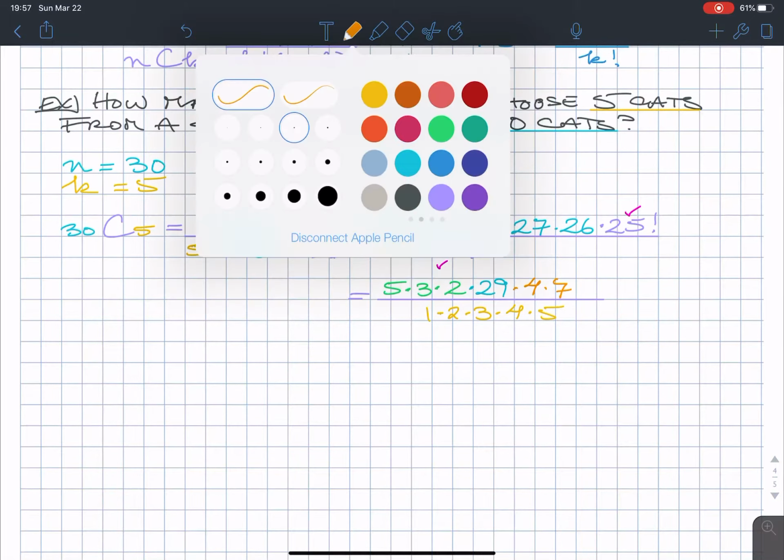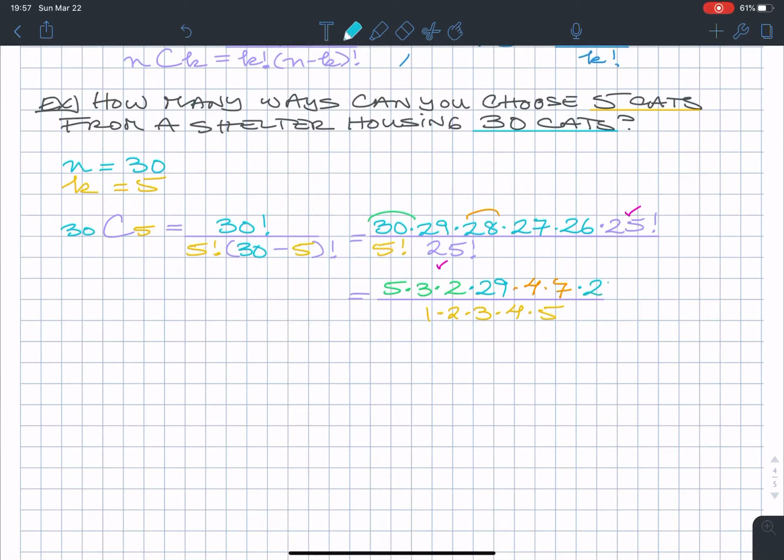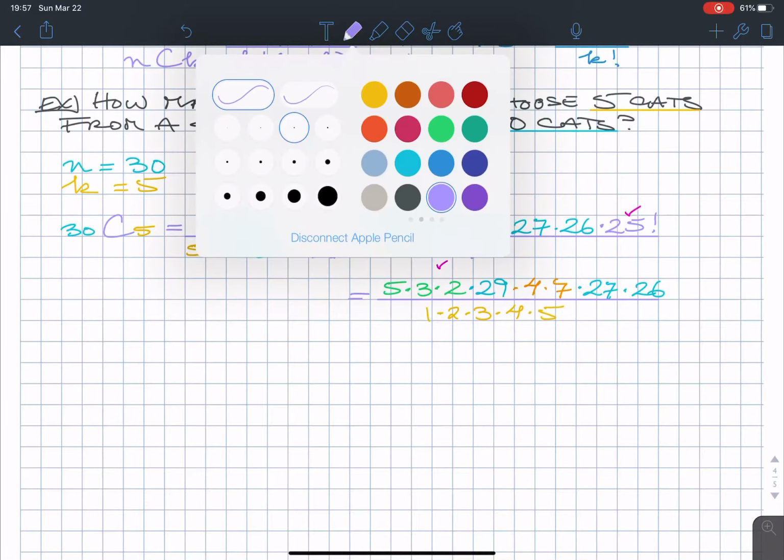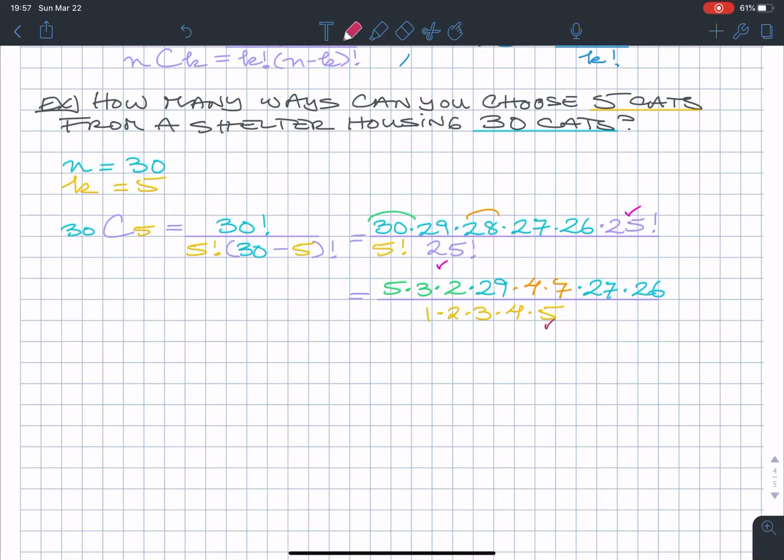And then I have 27 and 26. So let's see what I can reduce here. Okay, so it looks like 5 reduces with 5. 3 reduces with 3. And 2 reduces with 2.